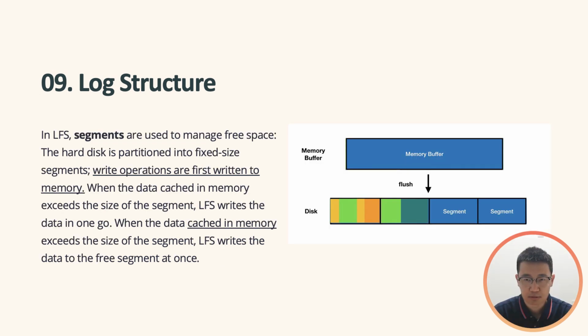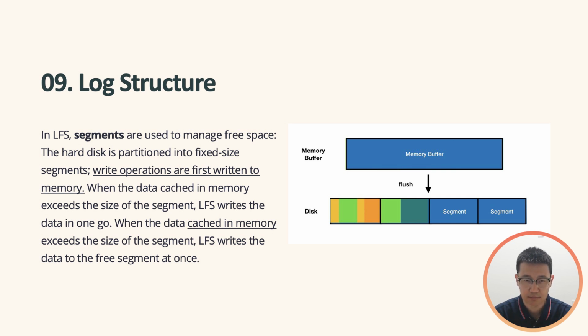So, within the entire log file system, we understand its great concept, which is to avoid any random write operations and instead perform sequential writes, treating it like a log. In the log structure file system, the free space is managed using fixed-size segments.